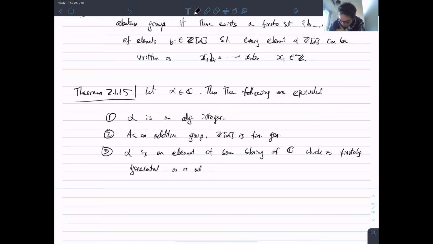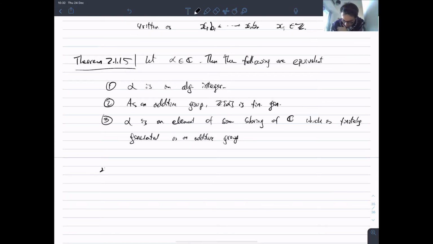And lastly, 4: alpha A is contained in A, where A is some finitely generated additive subgroup of C.